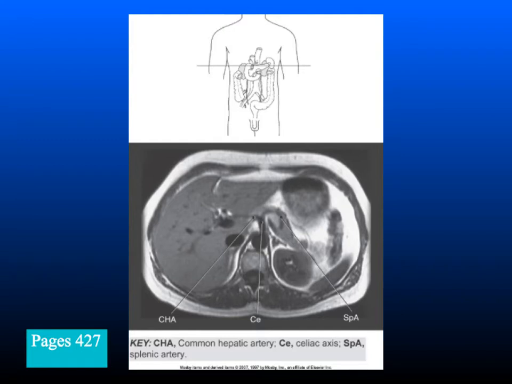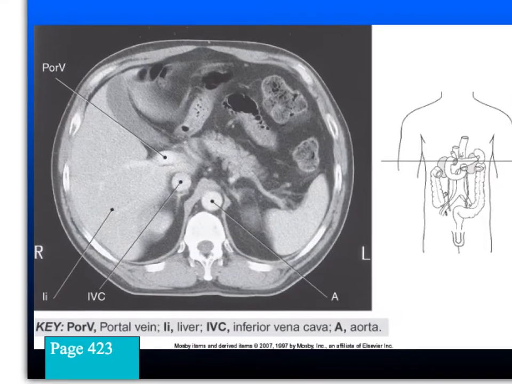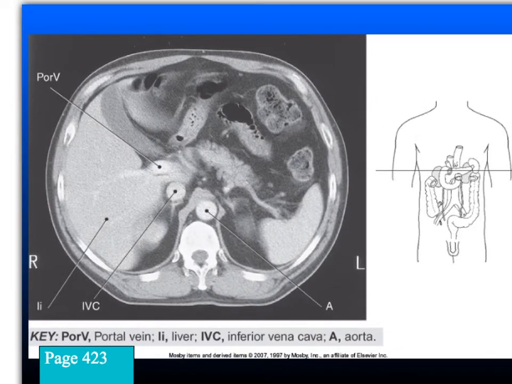Next, this is an MRI that shows the same thing: the common hepatic artery, celiac axis, and the splenic artery going to those structures. This one also looks at the portal vein, IVC, and aorta, in that area where vessels are going in.